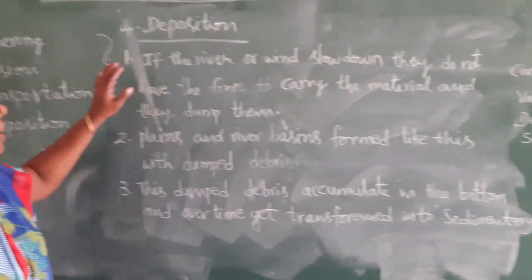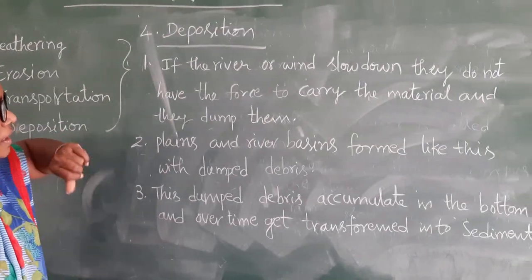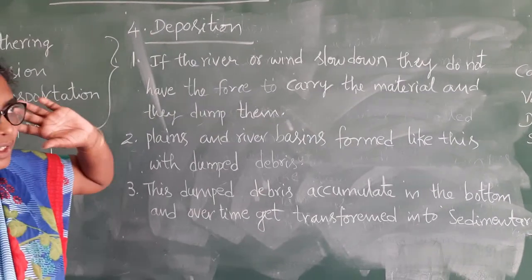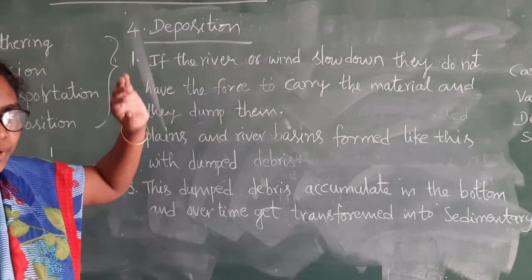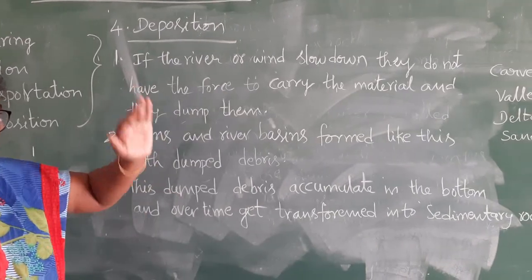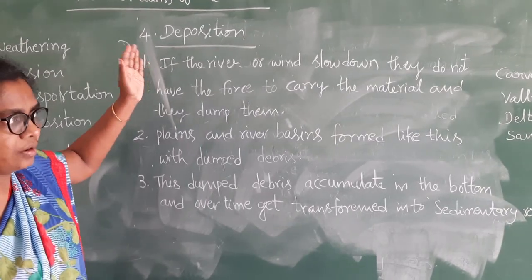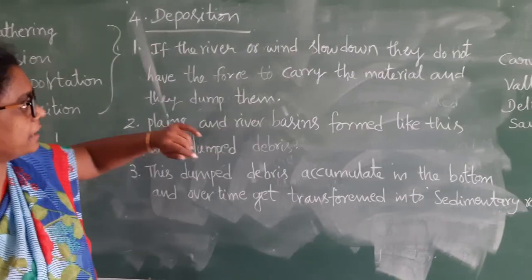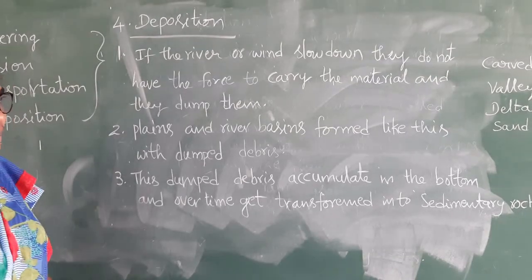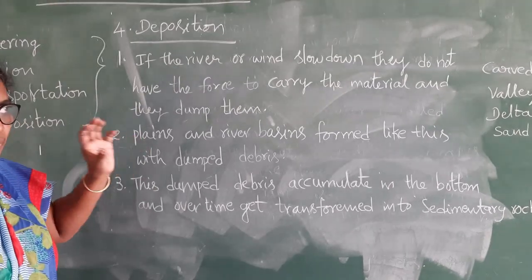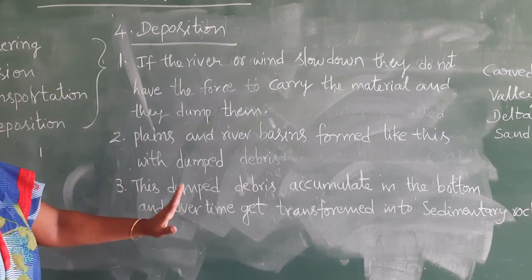Next, deposition. Here, these debris or brittle particles from the top portions of the mountain or rocks flow along with water, and if the force of the water slows down, the material gets dumped.